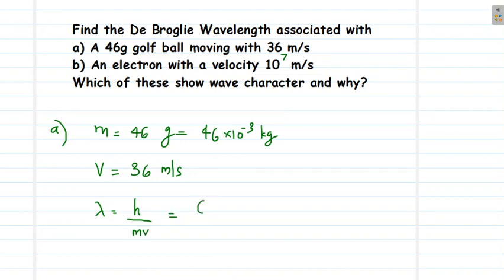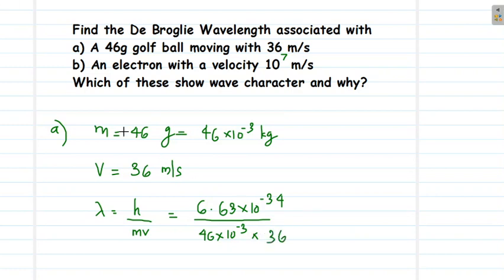So substituting for various constants, h is 6.63 into 10 raised to minus 34, divided by m, which is 46 into 10 raised to minus 3, and v is 36.